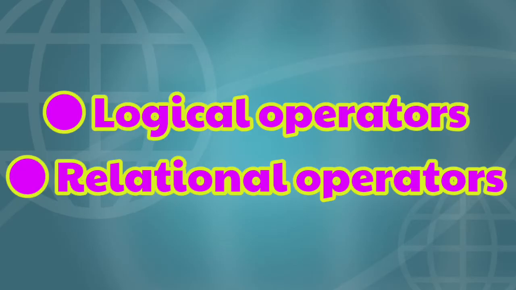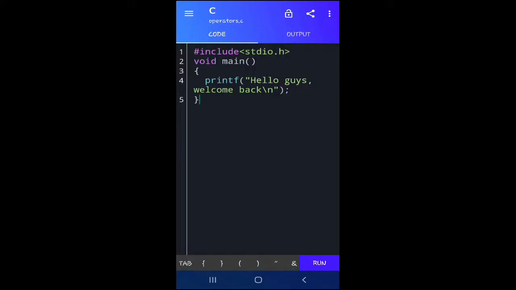And today we will be learning about two types of operators. They are logical operators and relational operators. Of course, I said in my previous video that we will be learning bitwise operators too in this video, but the bitwise operators are a bit difficult to understand. It is confusing, so I thought we need more examples.